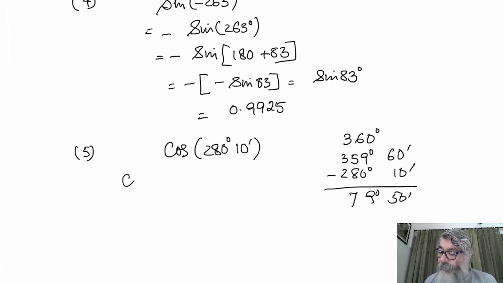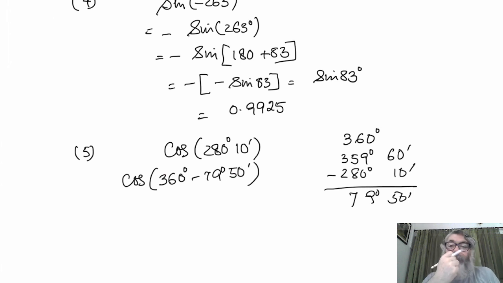So we write cos of 360 degree minus 79 degree 50 minute. And cos 360 minus theta will be cos theta. And in what quadrant is it falling?